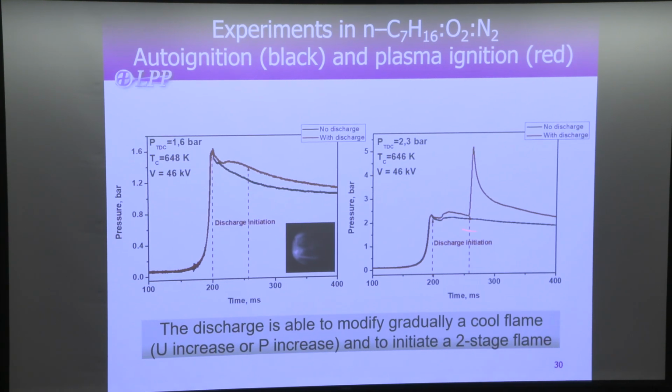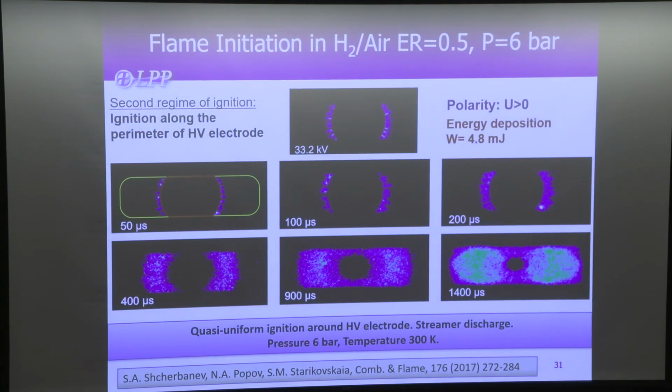And they can make the combustion accelerate with a discharge. So ignition energy matters, but most importantly, ignition volume matters. So that is the first principle about the ignition enhancement.